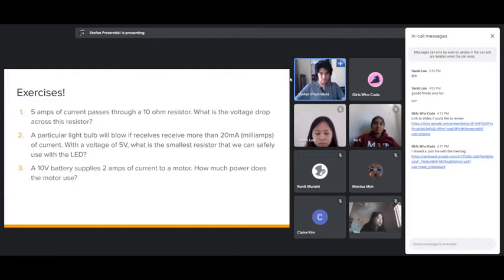Second question here is the light bulb will blow if it receives more than 20 milliamps of current.